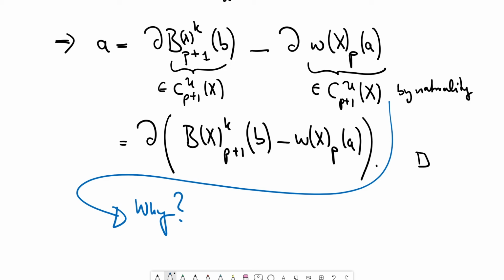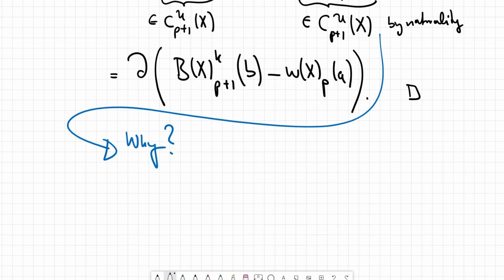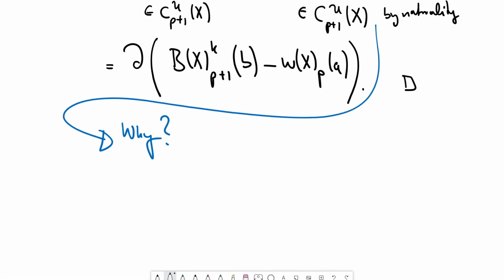Well, this A is some linear combination of singular simplices, right? So we have here, let's say i from 0 to n of some coefficients, lambda i times some singular simplices, sigma i, and the image of each sigma i is completely contained in one of these subsets U j.